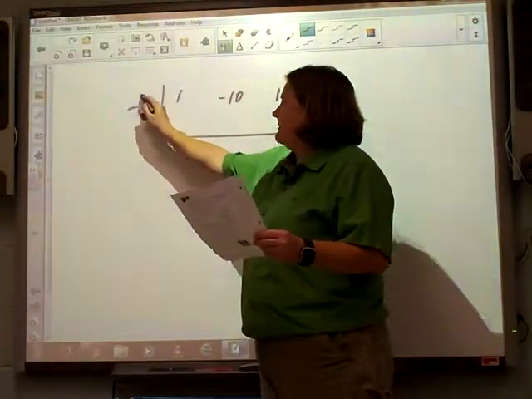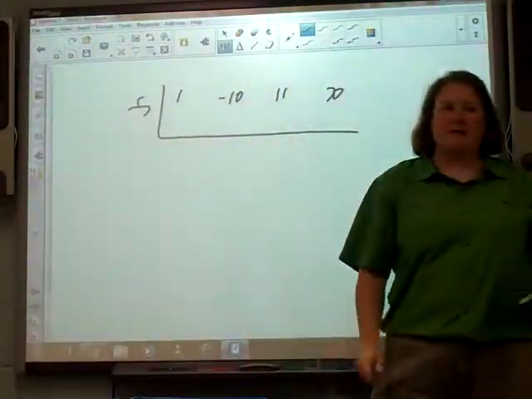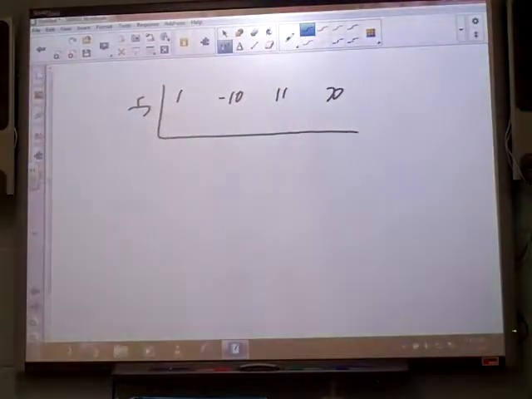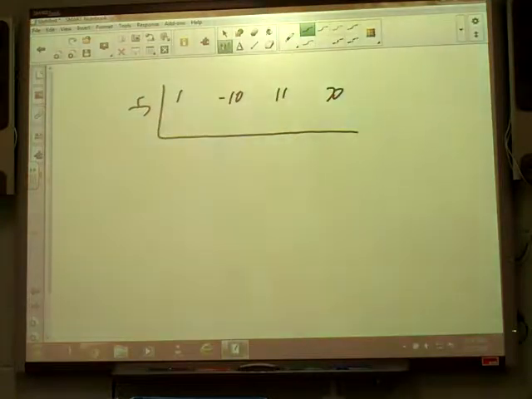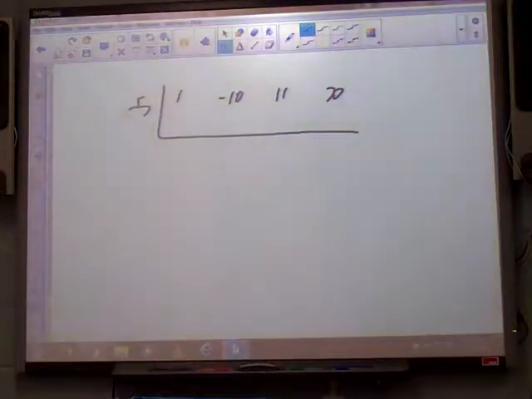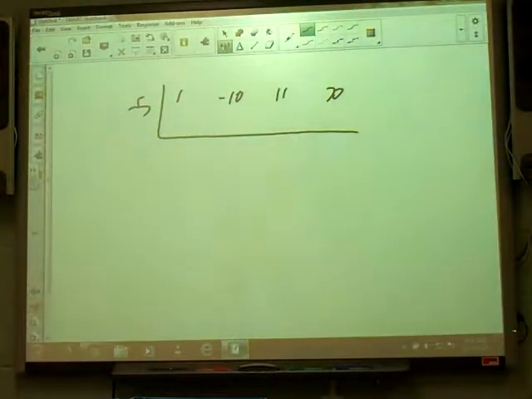And I did my -5 because that's what they told me to test. Now, some people had some good common sense and they said, well, I know it can't be a -5 because I'm a hot tub and a hot tub can't have a negative dimension. True, but if this is factors, you're going to have more than one. So it could be that a negative times a negative makes a positive. So you can't just use that altogether.